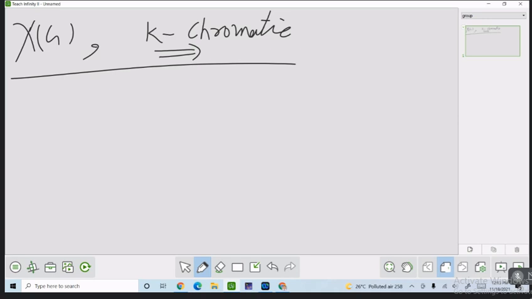There are a lot of ways of proper coloring using lambda or fewer than lambda colors.